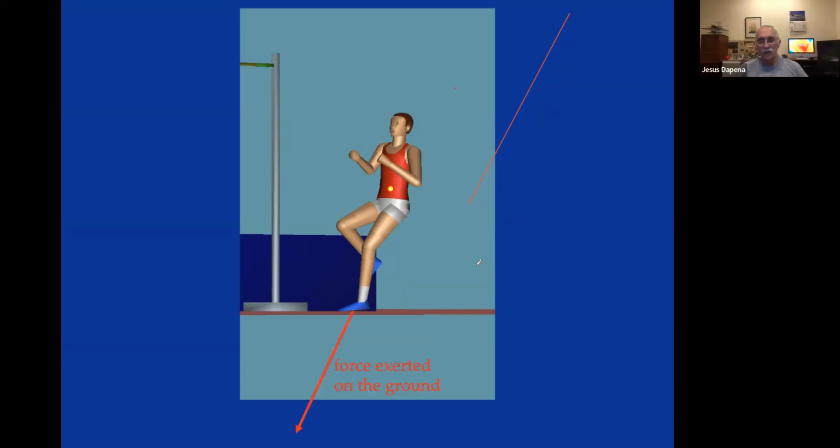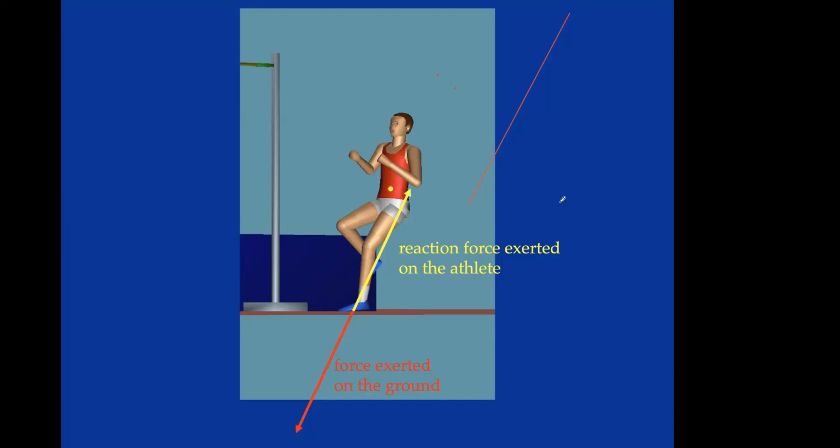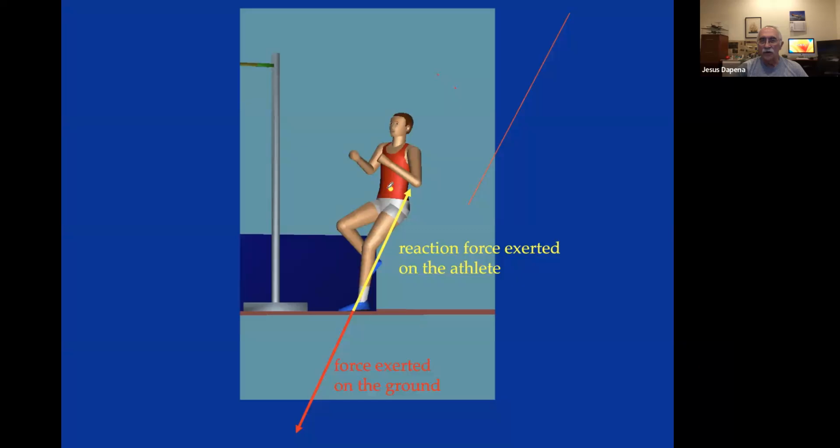And by reaction, the athlete receives this force. So you can see that this yellow force passes a little bit below the center of mass, which is this point here. And because of that, it produces what is called a torque, or a moment of force about the center of mass.